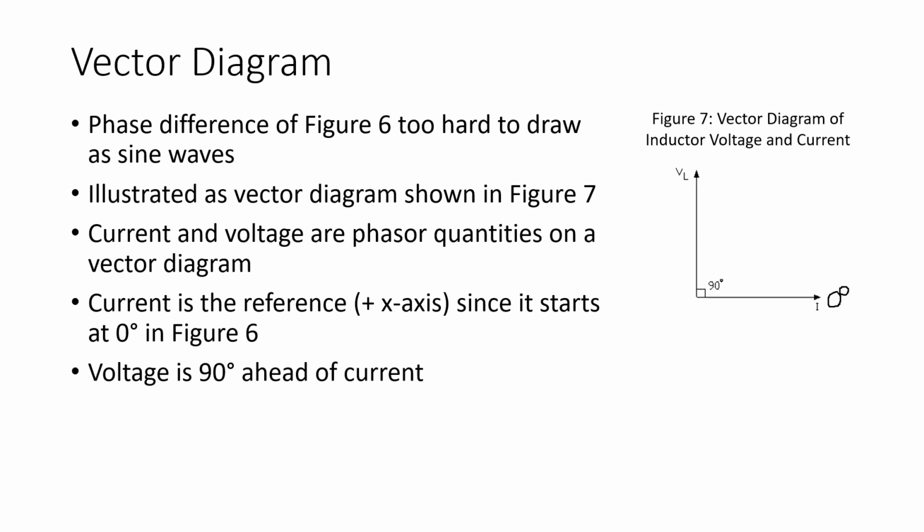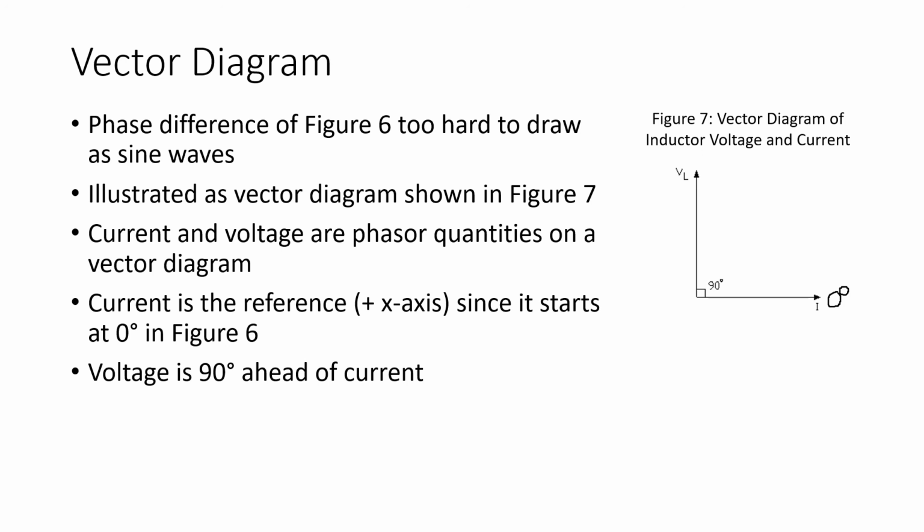We're going to use these vector diagrams to illustrate the relationship between voltages and currents in our circuits for the remainder of the semester. So this is a concept that you need to be familiar with.